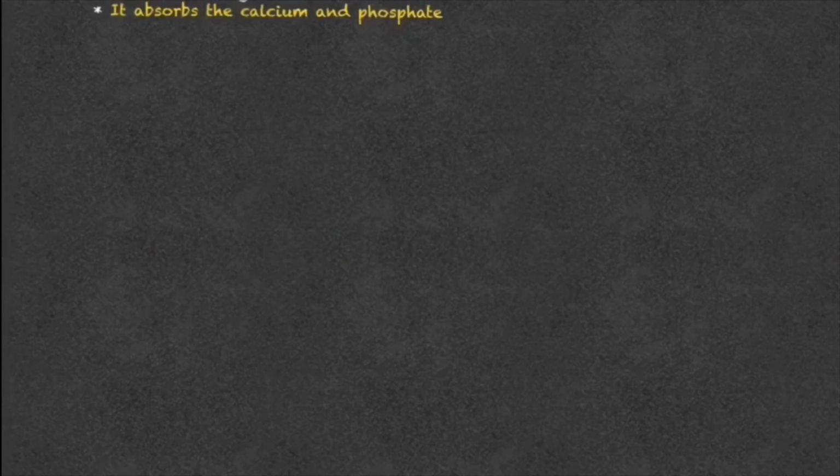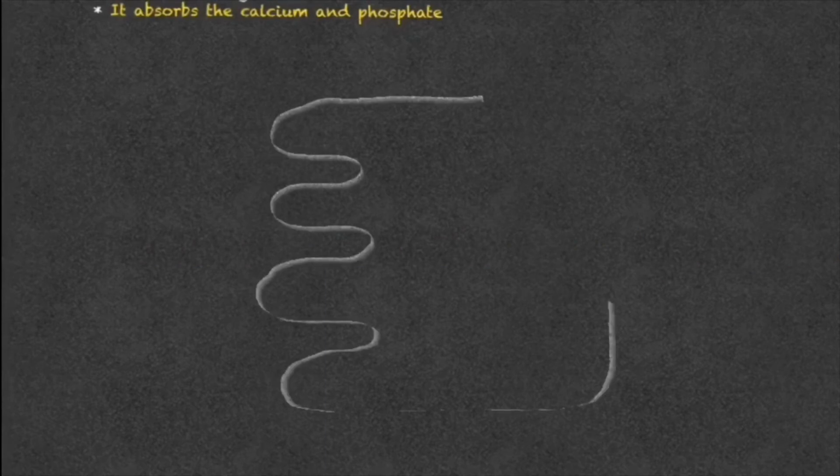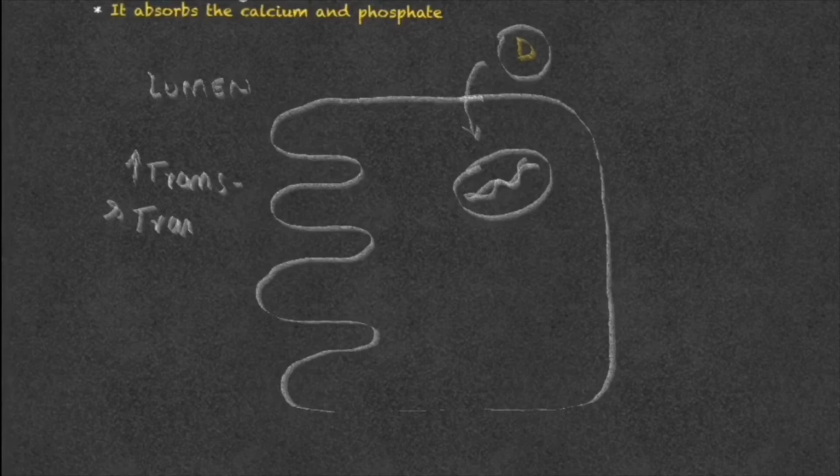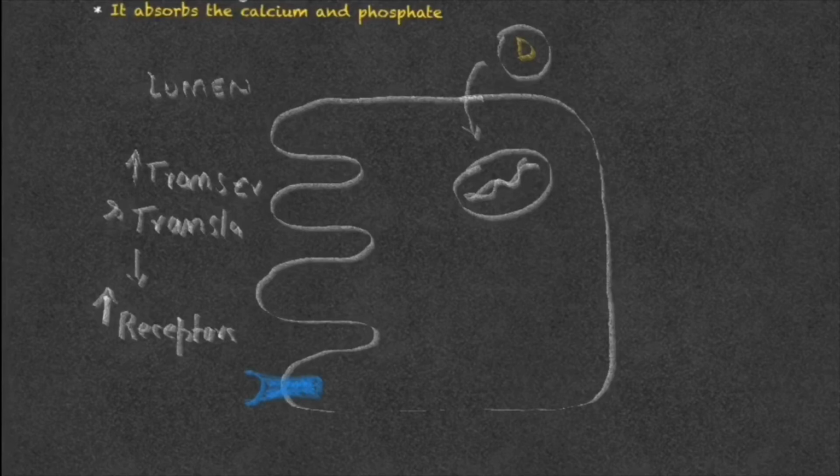Here is the cell from, let's say, the small intestine, the enterocyte. And when vitamin D enters the enterocyte, it increases the translation and transcription of different proteins, which leads to an increase of receptors. Here is the receptor called epithelial calcium channel, and then here is another called the plasma membrane calcium ATPase.